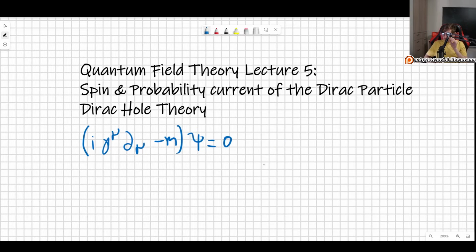So how do we take a Hermitian conjugate? Well, keep in mind, we have to switch the orders. When they commuted, it didn't matter, but now things don't always commute, so it does matter. So psi Hermitian, and then minus i, whatever the Hermitian conjugate of the gamma matrices are.